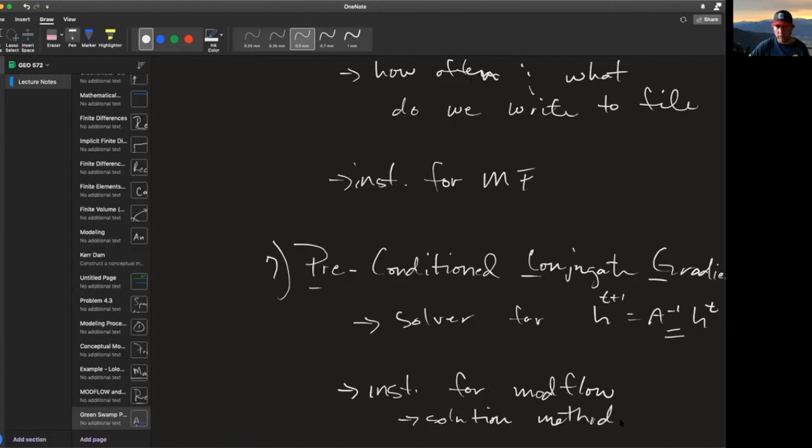So these are the packages we're going to use. This is how we're going to take all the parts of our conceptual model, all the ingredients for our BVP, and implement them numerically in MODFLOW.